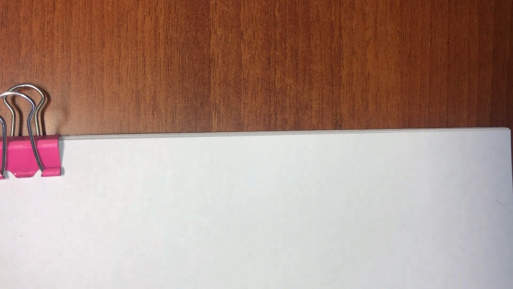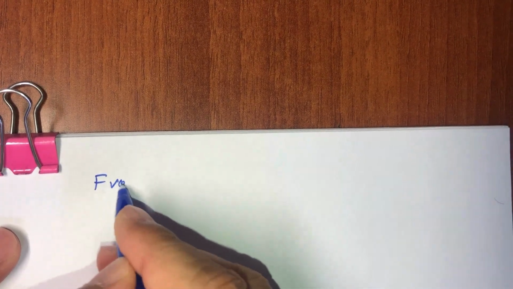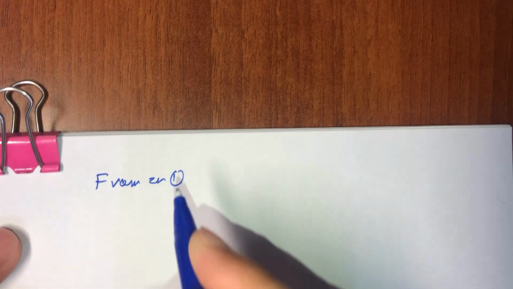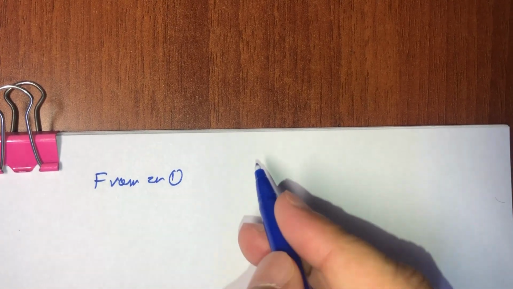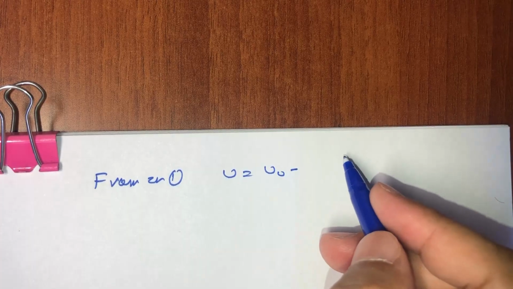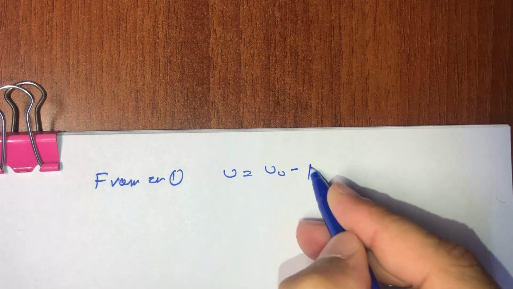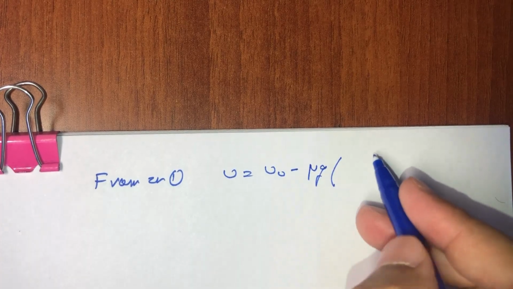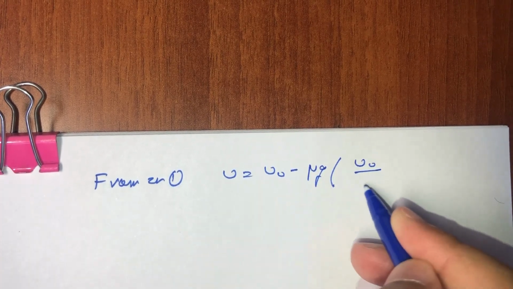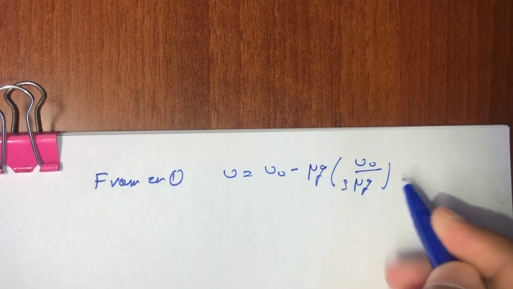So from equation 1 we have v is equal to v naught minus mu g multiplied by t naught, and t naught we found out is v naught divided by 3 mu g.